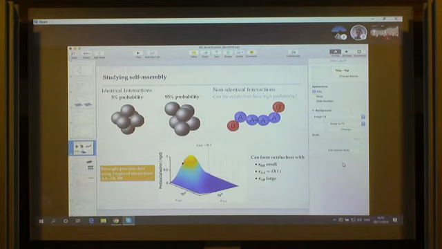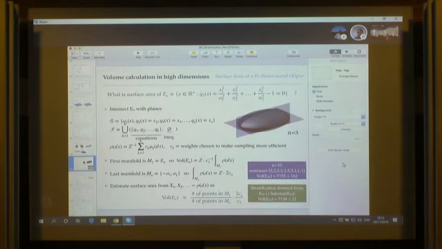At least for this example, we can use the stratification to help us design interactions to get a certain structure. This is my last example. One more thing you can do with this algorithm is that you can use it to estimate dimensional volumes.